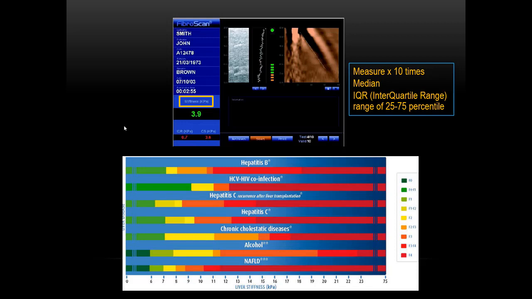Various liver pathologies have different cutoffs; for example, hepatitis B and C have different cutoffs. You just use the table, and this measures 3.9. You draw the 3.9 line, and it's in the green area, so there's no fibrosis. Something easy like this.